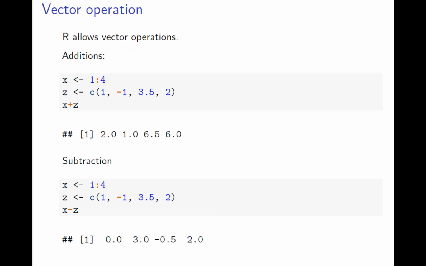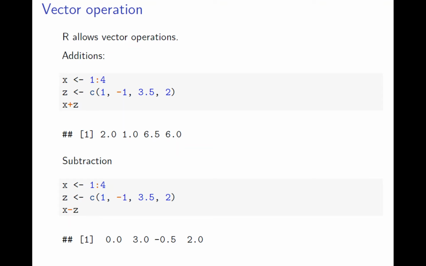Suppose I have 2 vectors, and one is 1 to 4, the other vector is z, which is the same kind of thing.